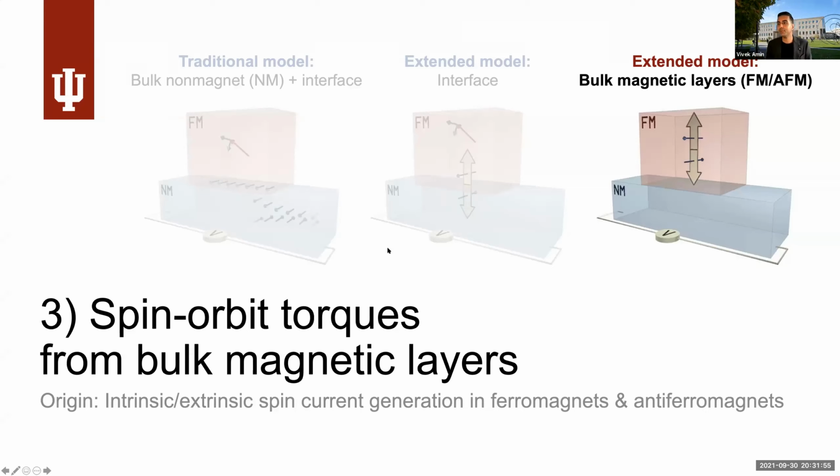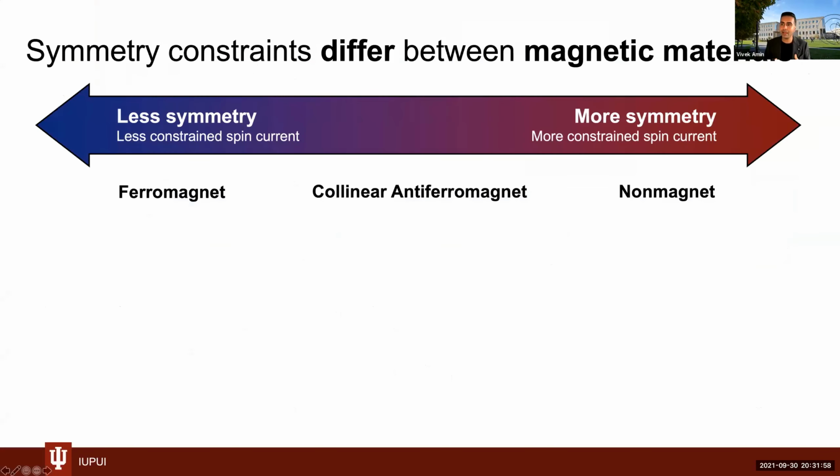Okay, so to understand the role of the ferromagnetic material itself, or I should say just any magnetic material in a spin-orbit coupled device, let's start with symmetry, right? So symmetry constraints differ between various magnetic materials. For instance, if you have more symmetry, you have a more constrained spin current.